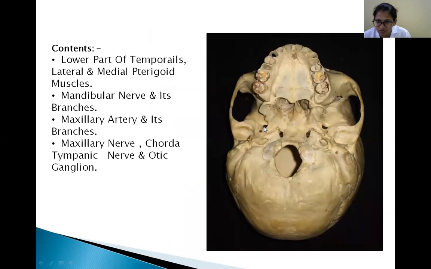This is the foramen ovale and this is the foramen spinosum. These two foramina communicate the infratemporal fossa with the middle cranial cavity. Okay, this is about the infratemporal fossa.